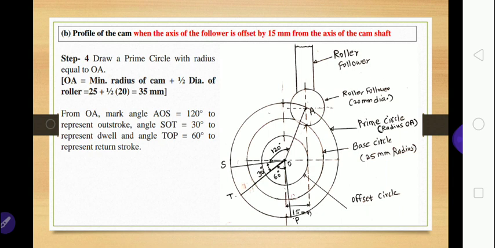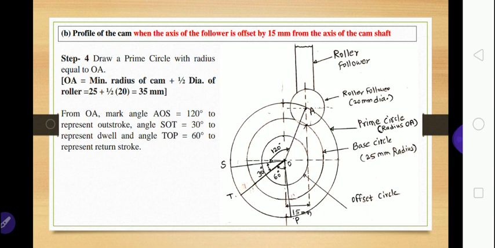As in the last case, from that line AO we draw all the angles. Here also one circle is drawn, called the prime circle, with a radius equal to the minimum radius of the cam plus half the diameter of the roller, so radius OA is equal to 35 mm. That circle is called the prime circle.